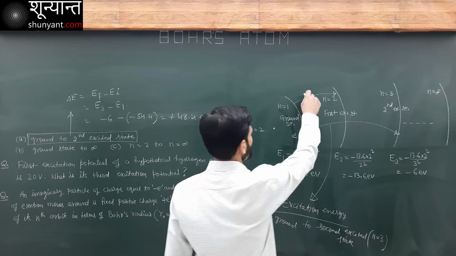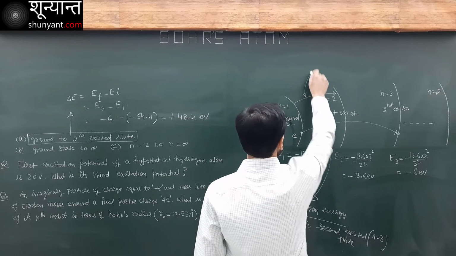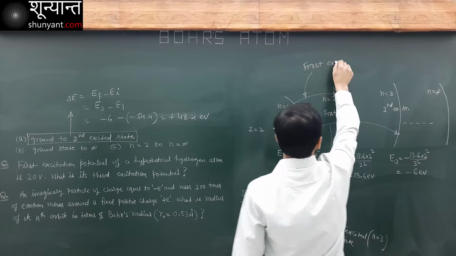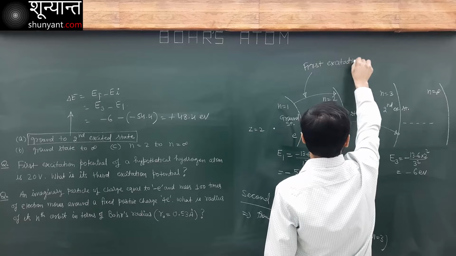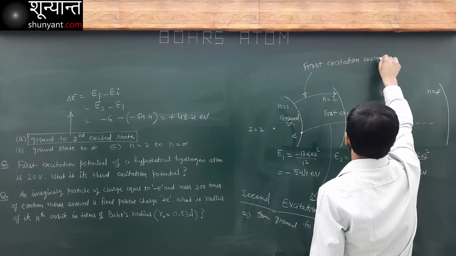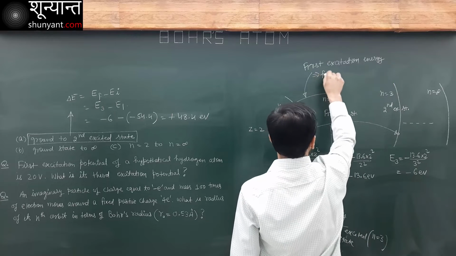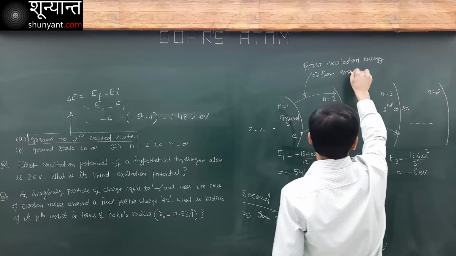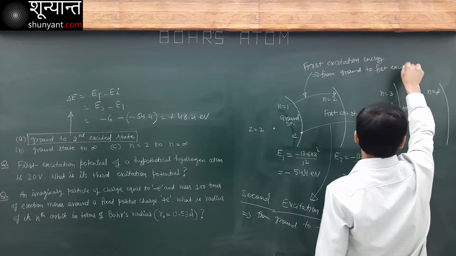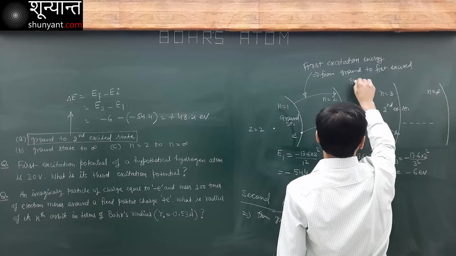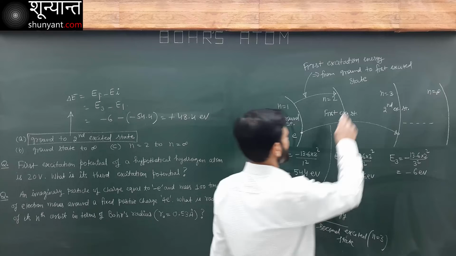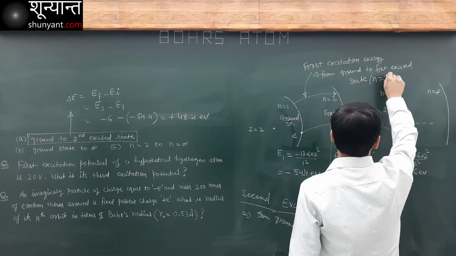So whatever energy I need to supply will be known as first excitation energy, that is from ground to first excited state. Do you understand this? First excited state means n equal to 2, the second state.